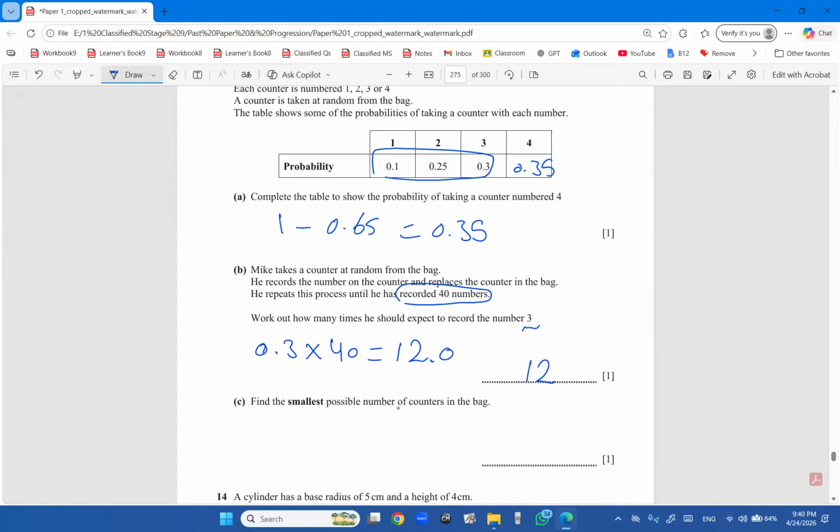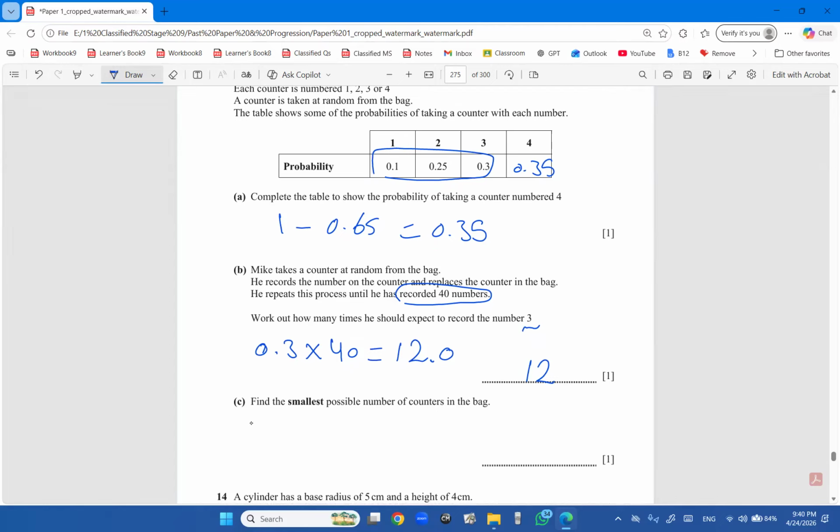Find the smallest possible number of counters in the bag. To do this, you need to turn the probabilities into fractions and find the lowest common multiple of the denominators.